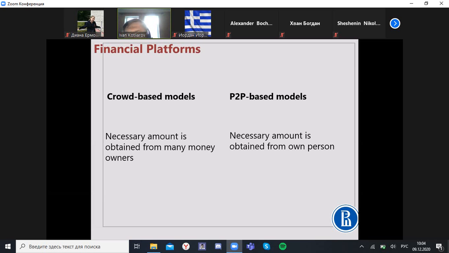For example, a person informs that they would like to borrow money, and another person says, well, okay, I will give you the full amount of money. It is also possible. But again, guys, please differentiate between crowd-based models, in this case, a crowd finances your project, and P2P based models. In this case, we have P2P interactions between different users. Guys, do you understand it? Yes. Okay, great. So let's continue.